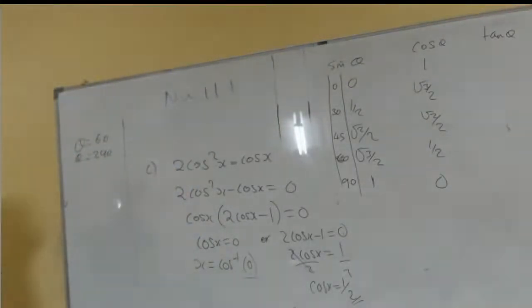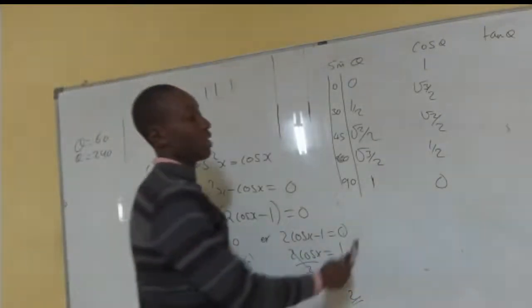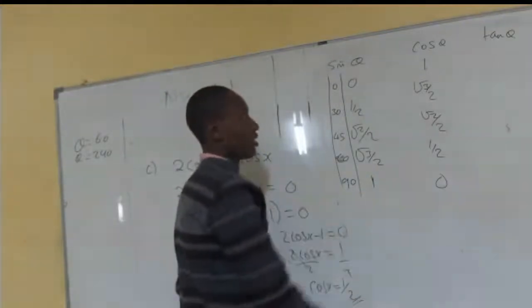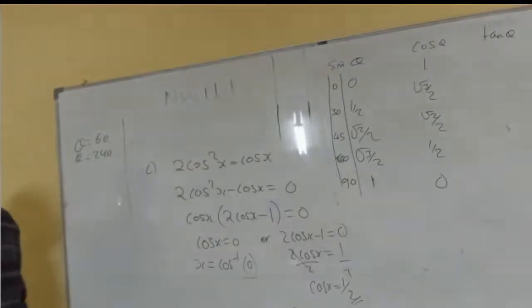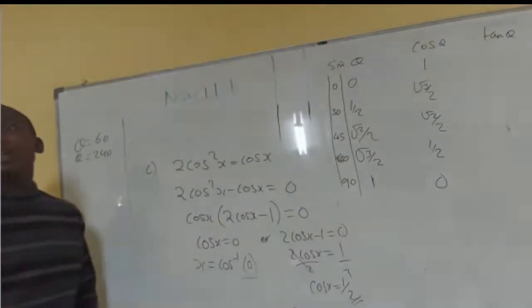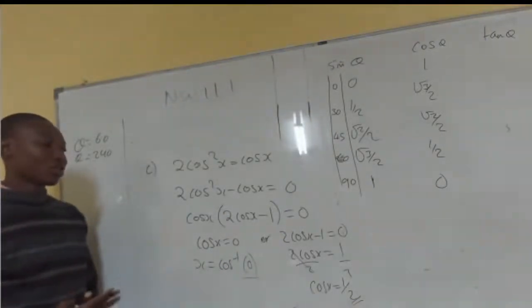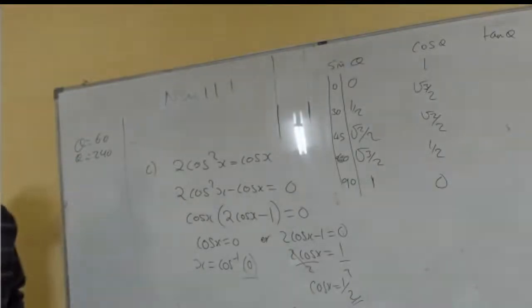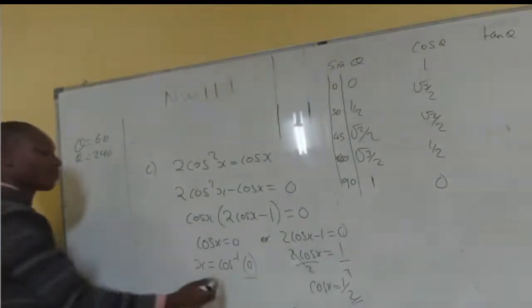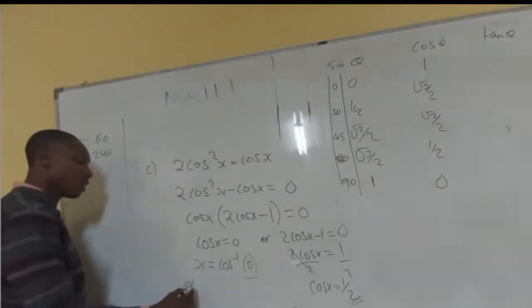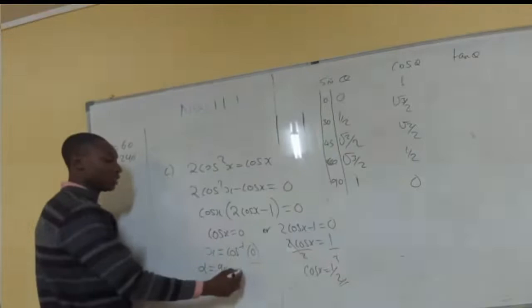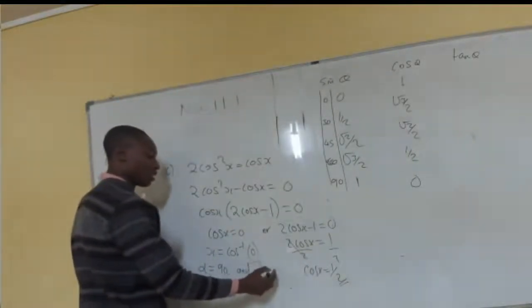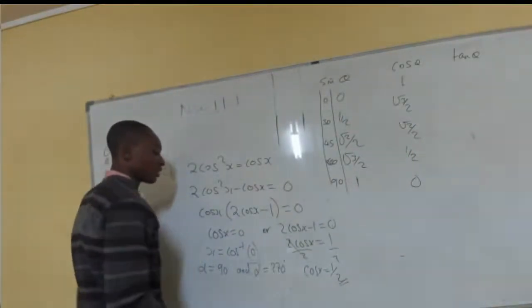We know that cos is 0 at 90, and since the range you've been given is 0 to 360, it's 0 at 90 and also 0 at 270. So the two values that you have from here are that alpha will be 90 degrees and alpha will be 270 degrees.